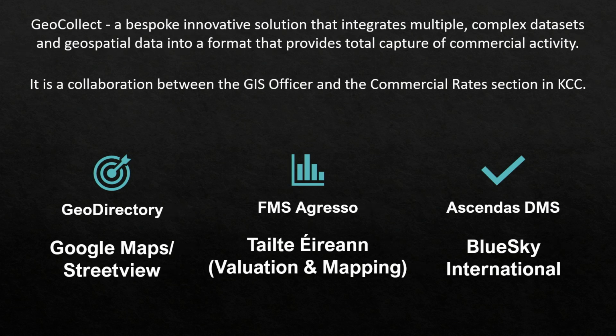And linked to that, for properties that are already rated, if the business that you have on your books leaves and someone else moves in, GeoCollect will tell us that as well. If you combine those two things together, you get a full picture of what's happening in terms of commercial activity. You can send for rating everything that should go for rating, and at the end of the day you can pretty much guarantee that everybody who should be getting a rates bill gets a rates bill.